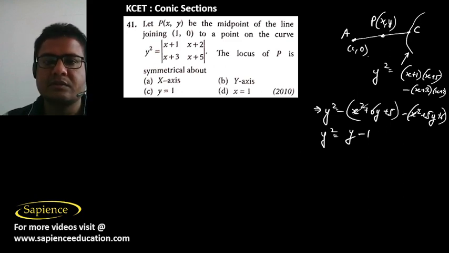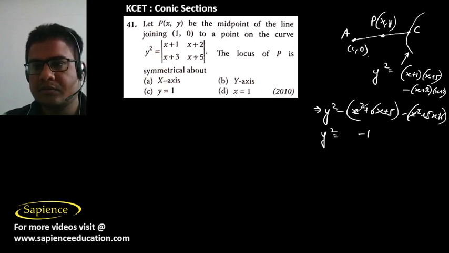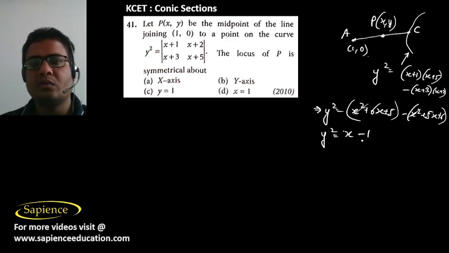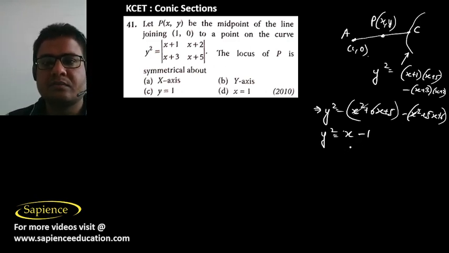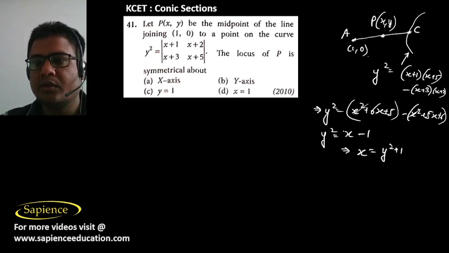Sorry, this is x. So this is x minus 1: y square equal to x minus 1. So x will be equal to y square plus 1. So the point C can be written as (y square plus 1, y).